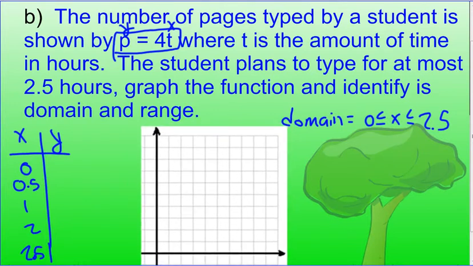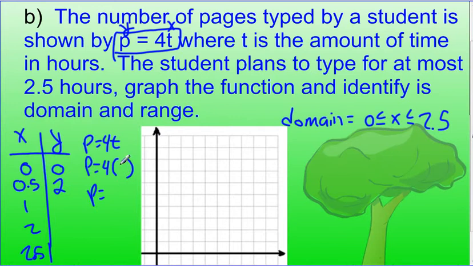So now let's plug in some numbers. Our function was p equals 4t. P is the y, times 4. T is the x. So let's see, if we plug in 0, let's just play pretend for a second. We plug in 0, 4 times 0 is 0. If we plug in 1/2, 4 times 1/2, well, half of 4 is 2.